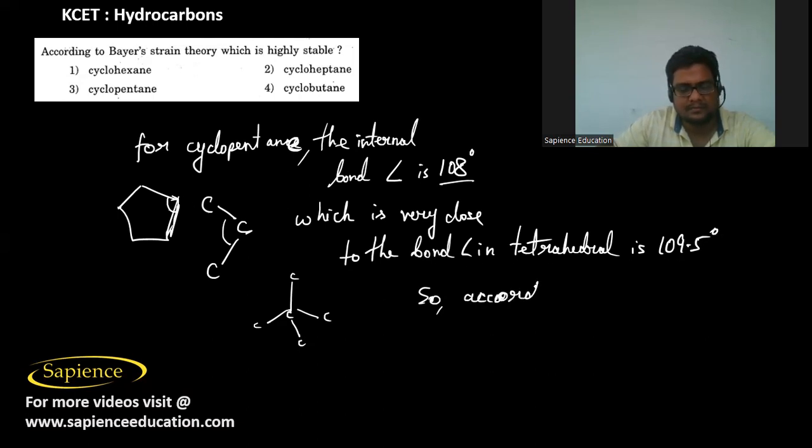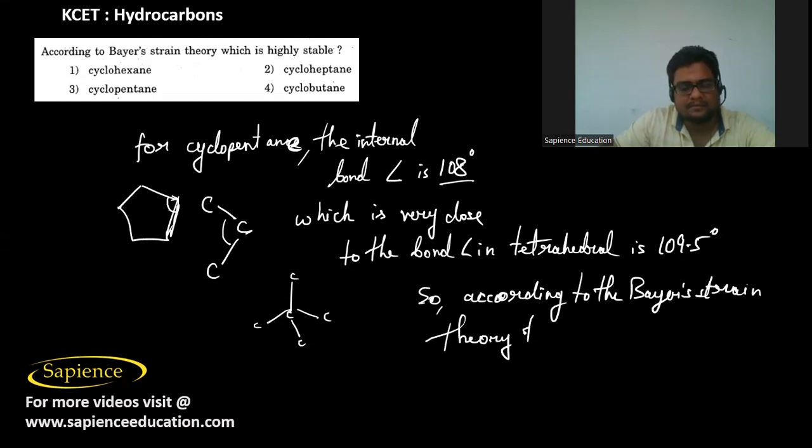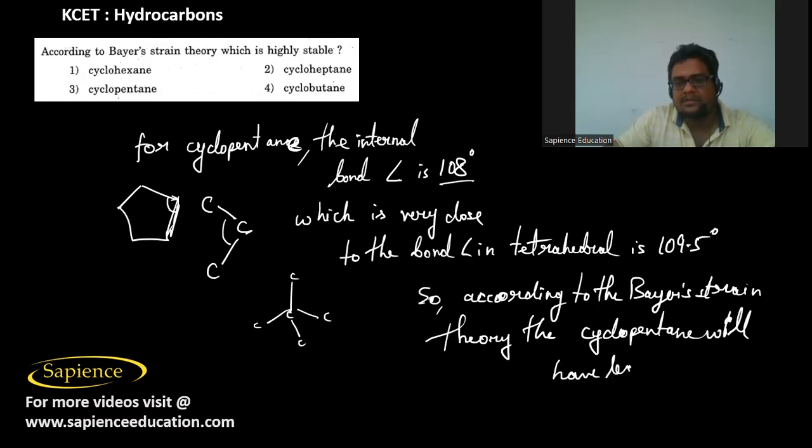So according to Baeyer's strain theory, cyclopentane will have the least angle strain.